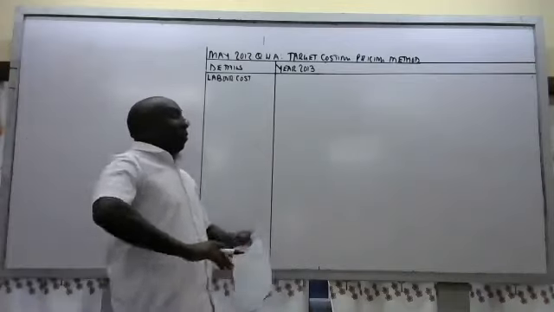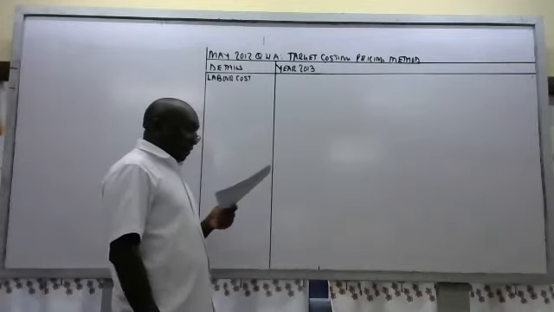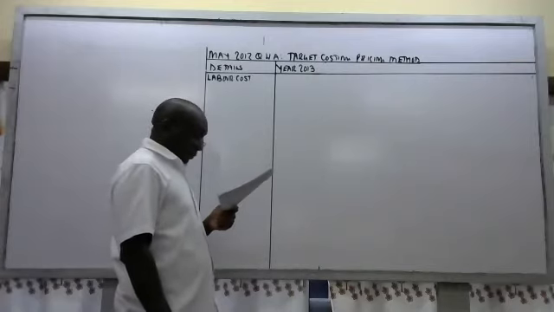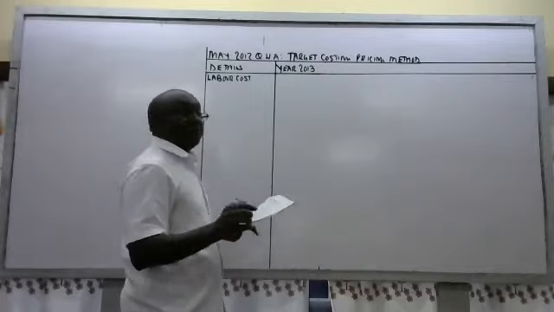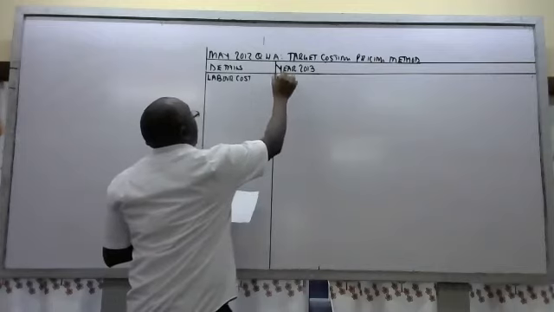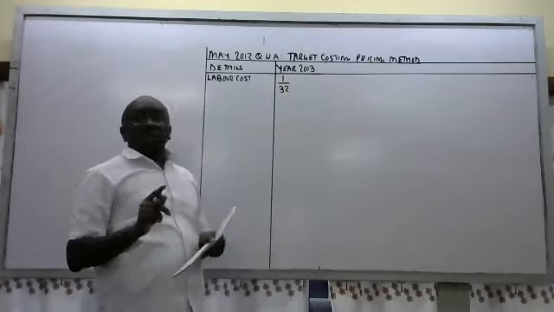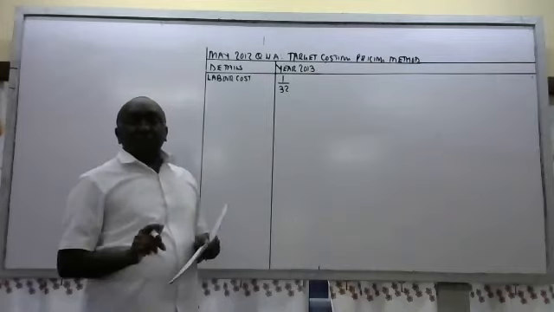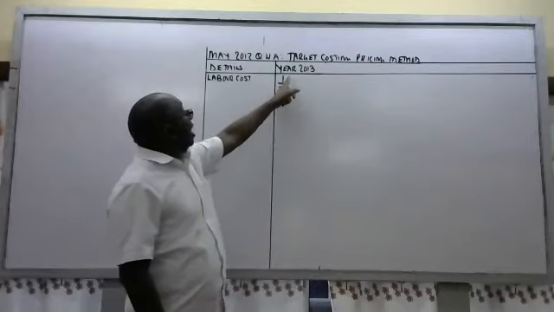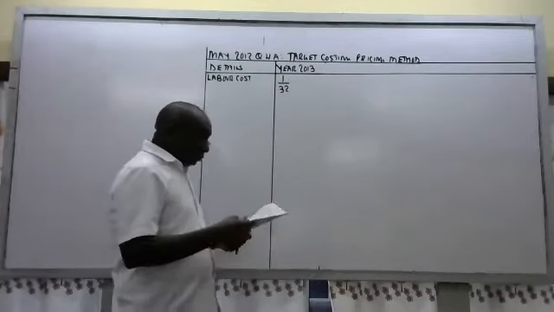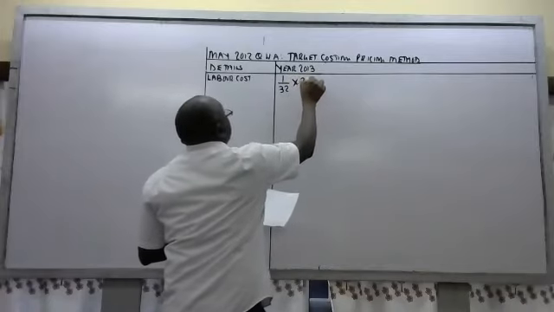So one hour we are paying 240. So we need to know 1 unit requires how many hours. So that will be 1 out of that 2, because in 1 hour we are making 2 units. So 1 unit is taking 1 out of that 2 hours. So you multiply this by 240.